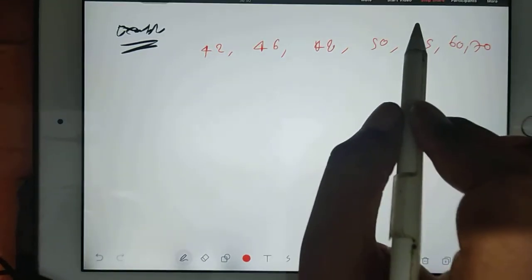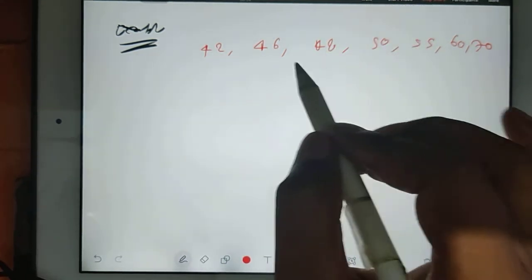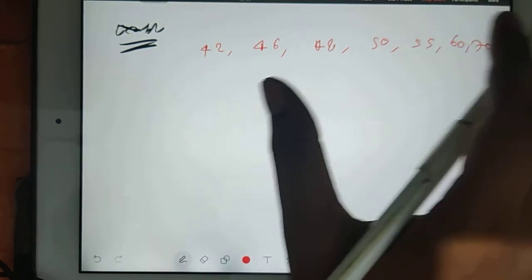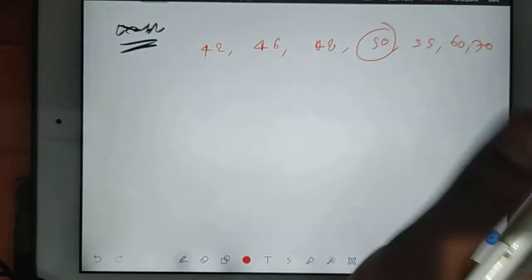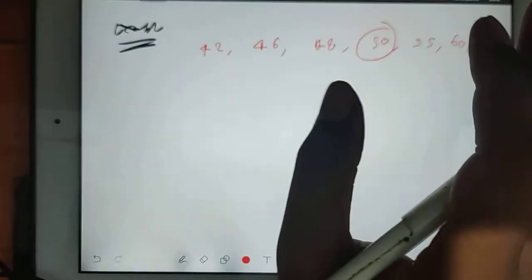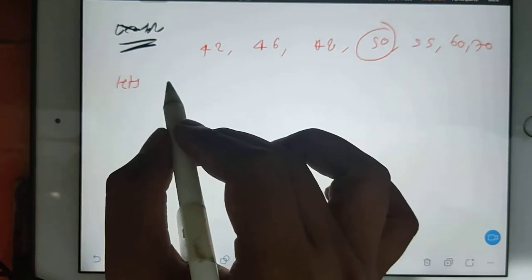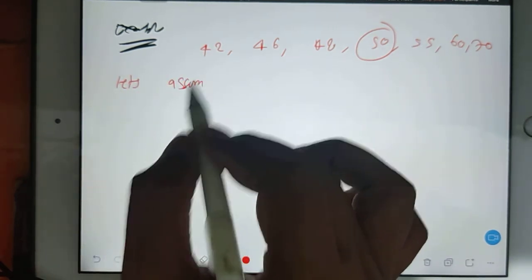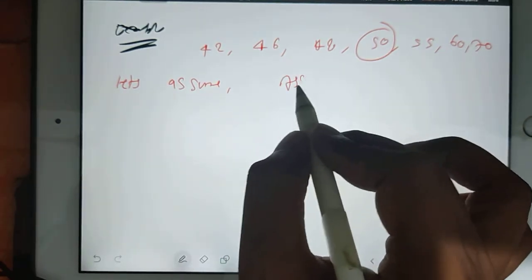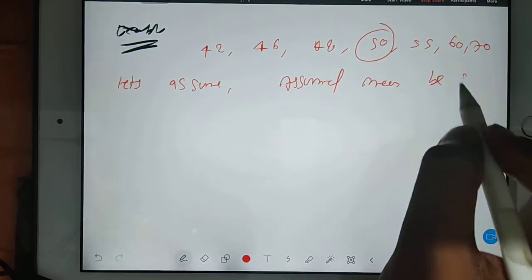Now we have to assume that if I'm finding the mean, roughly it will be around 50. So that is known as the assumed mean. So let's assume the assumed mean to be 50.